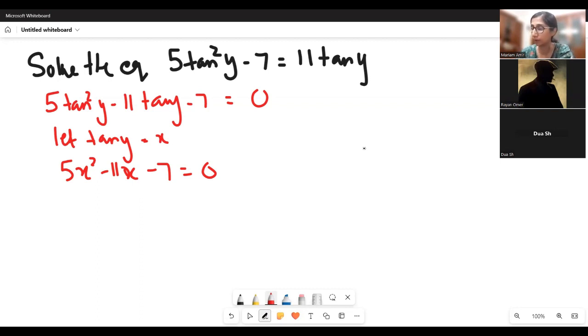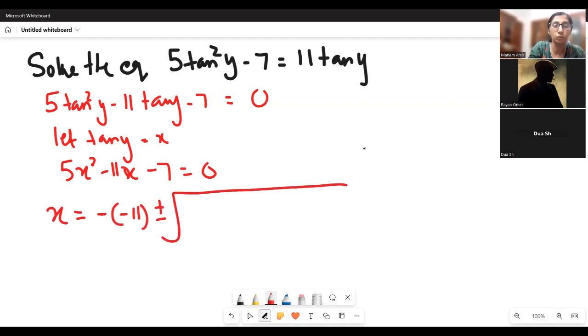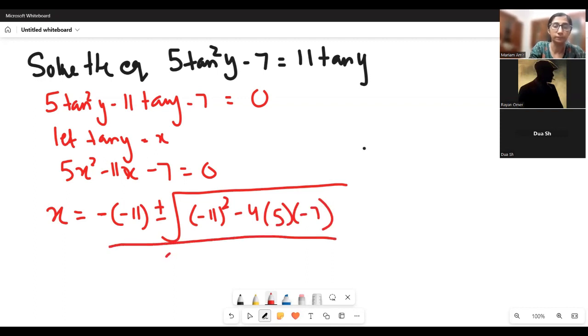So that won't work. I will have to apply the quadratic formula, which is x equals minus b plus or minus square root of b squared minus 4ac, upon 2a.